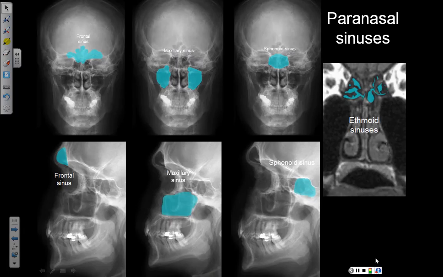Moving on. Here they're showing you what your sinuses look like on an x-ray. That maxillary sinus is big. We're going to talk about the foramen rotundum and the foramen ovale when we talk about the sphenoid bone.